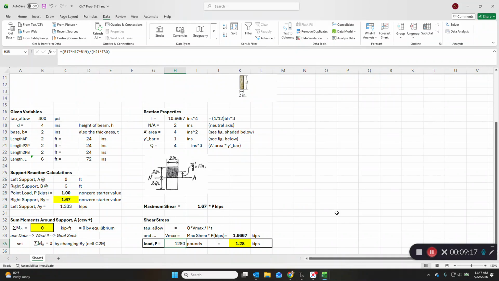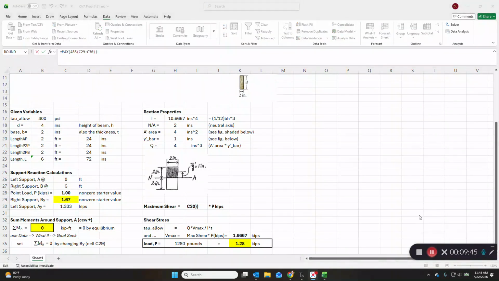So that means that our load, in order to solve this problem, is going to be equal to 1.28 kips, or 1280 pounds, in order to satisfy this equation. Okay, so that's the maximum load we're going to be able to do, P, to satisfy the equation for maximum shear equaling a tau allowable of 400 psi.